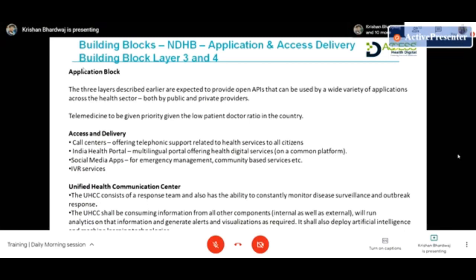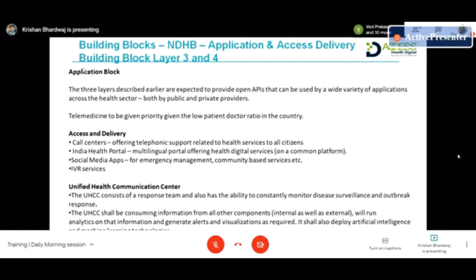Access and delivery, when they say mobile first strategy, is practically that all the applications should be accessible on mobiles. Number one, because there is a huge mobile penetration in the country. And besides mobile and web applications, other kinds of applications should be built, like a call center application, which offers telephonic support on health services to patients and citizens.